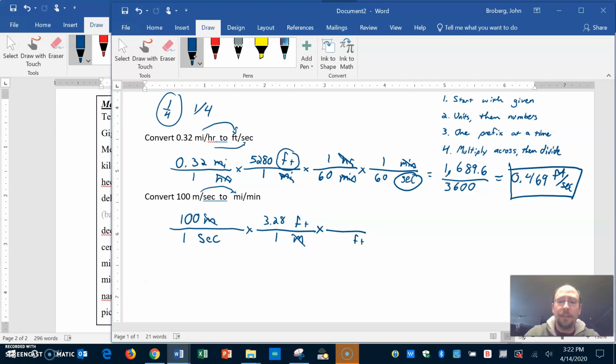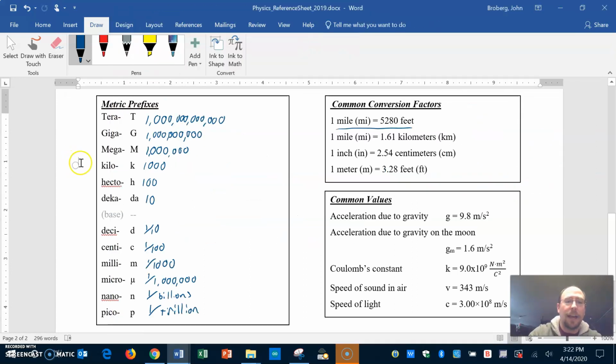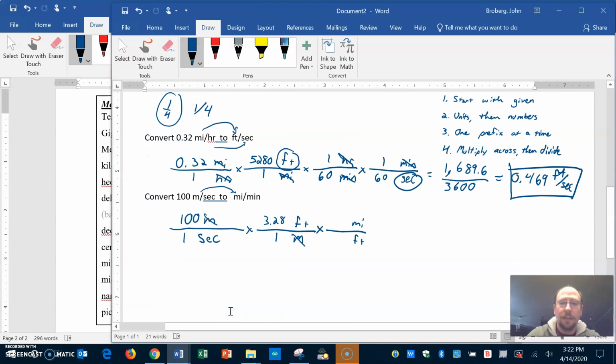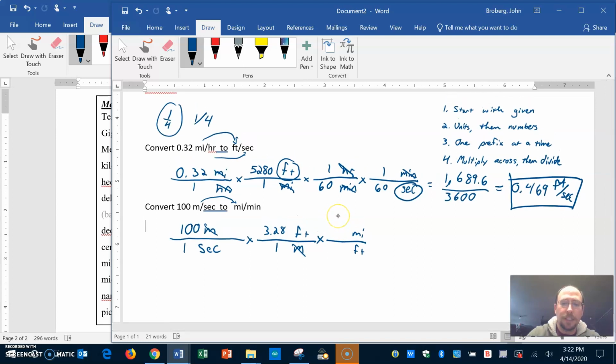And then the unit that goes on top is miles. Now I can do that because I know a relationship with miles and feet. And 1 mile is 5,280 feet.